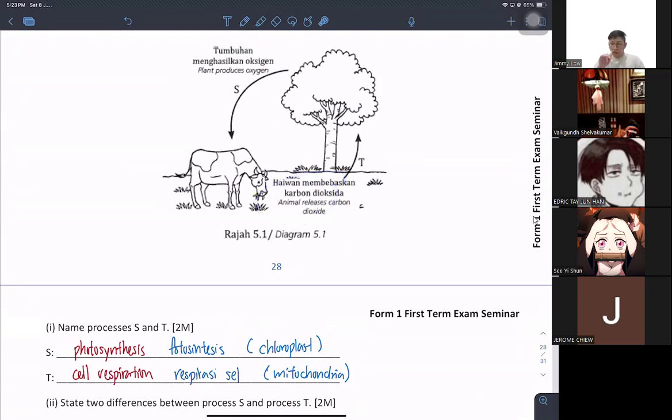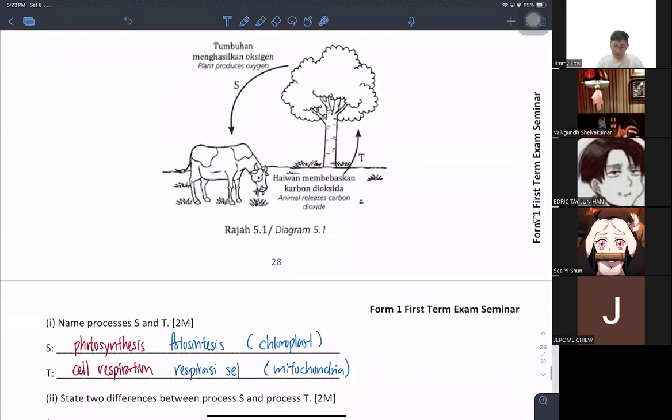So you see, the subject itself is different. When the sentence says the plant is absorbing carbon dioxide, this is photosynthesis already. But this sentence tells you that the animal releases carbon dioxide, so it is actually cell respiration, which happens in the mitochondria.